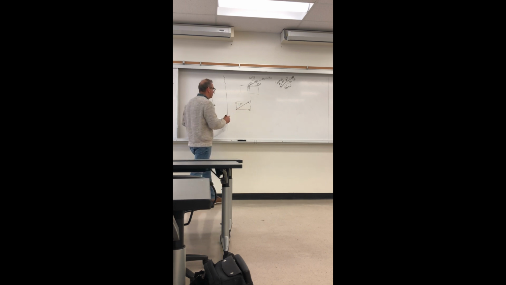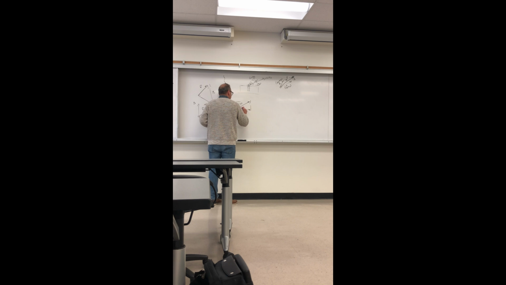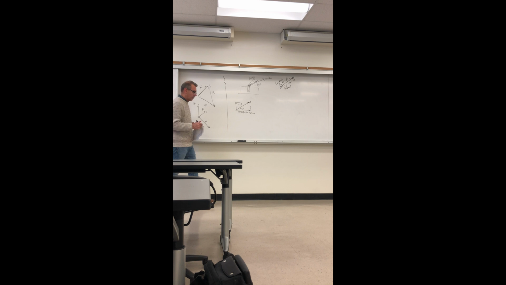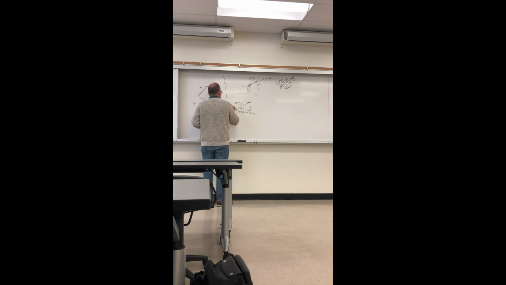That's the 100, this is 30 degrees. So this is 100 times the cosine of 30 degrees, which equals 86.6. And this vector here is 100 multiplied by the sine. And that is 50.